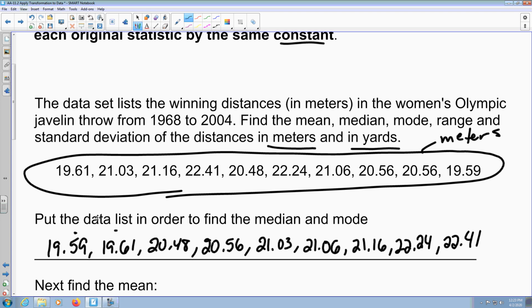So we got 1, 2, 3, 4, 5, 6, 7, 8, 9. And 1, 2, 3, 4, 5, 6, 7, 8, 9, 10. Am I missing one?